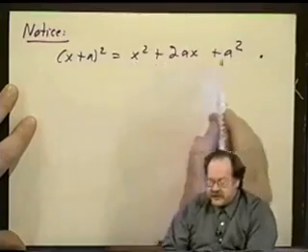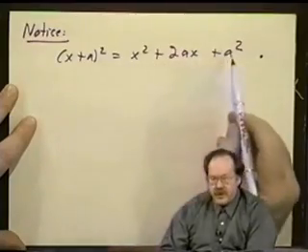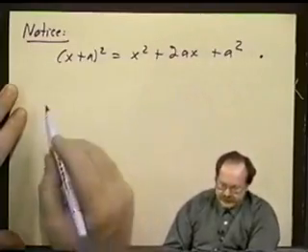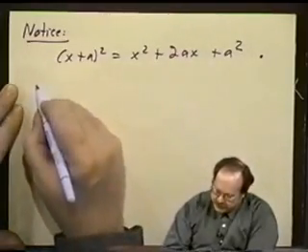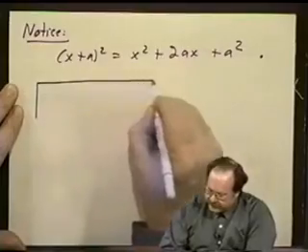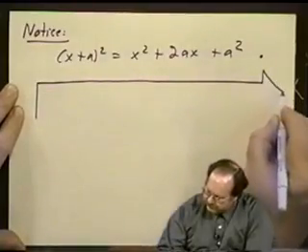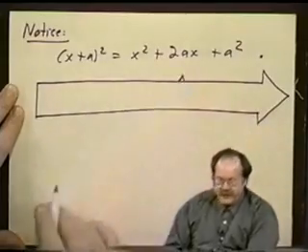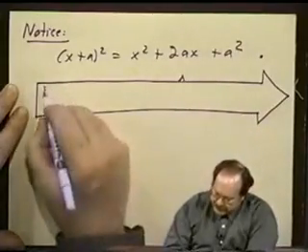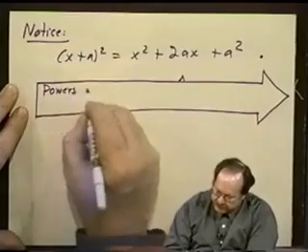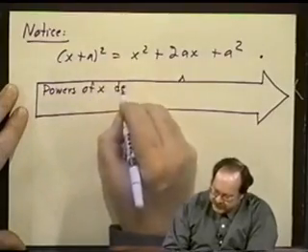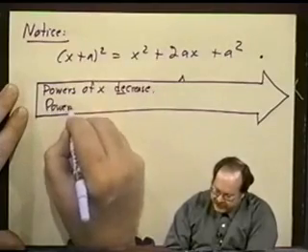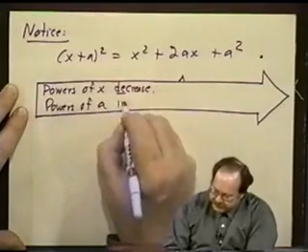So it looks like the x's go down in power, the a's go up in power, and that's true. That also helps you remember these. So let me go ahead and write this out in a huge arrow. There you go, big arrow. Okay? And this applies to this part right there. And what am I going to say? I'm going to say powers of x decrease and powers of a increase.